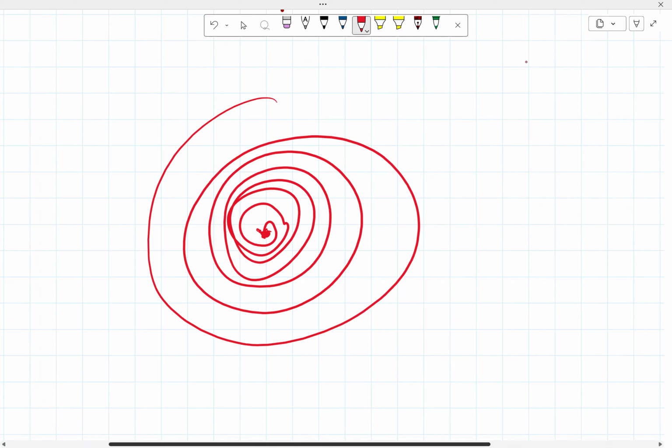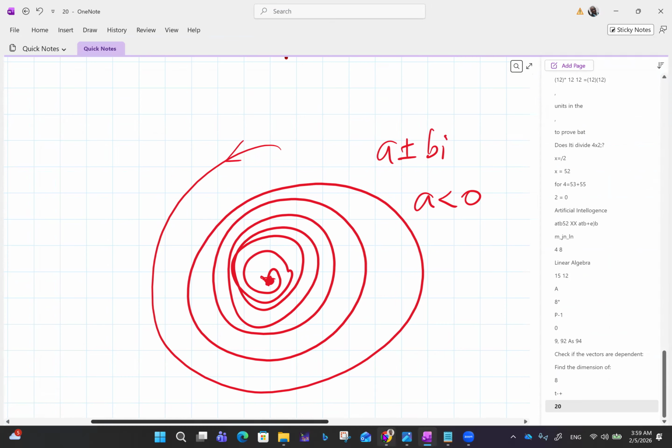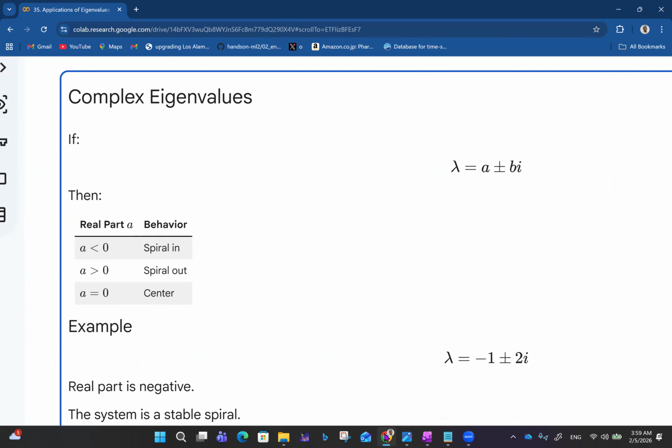That is spiral in. That happens for a plus or minus bi with a less than 0. So it's oscillatory, but it's going in.